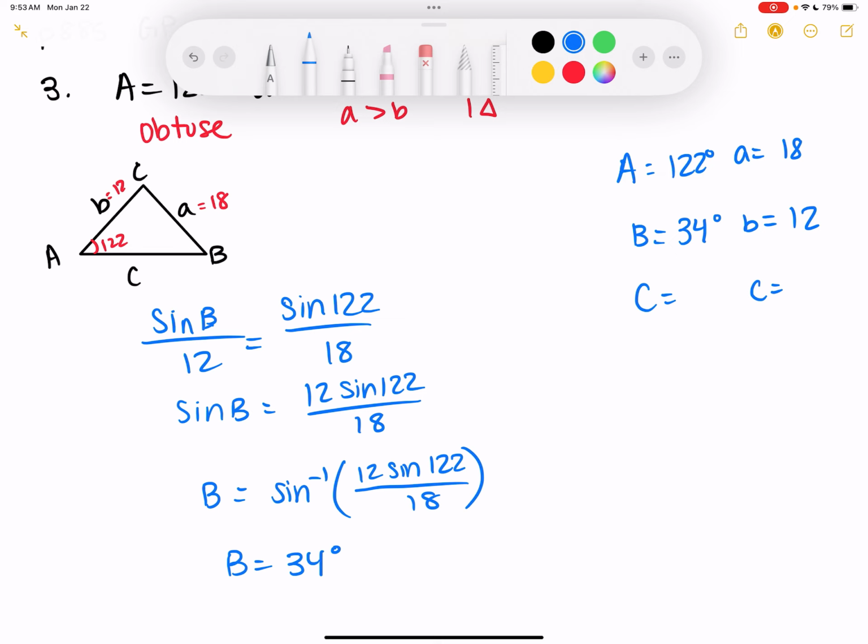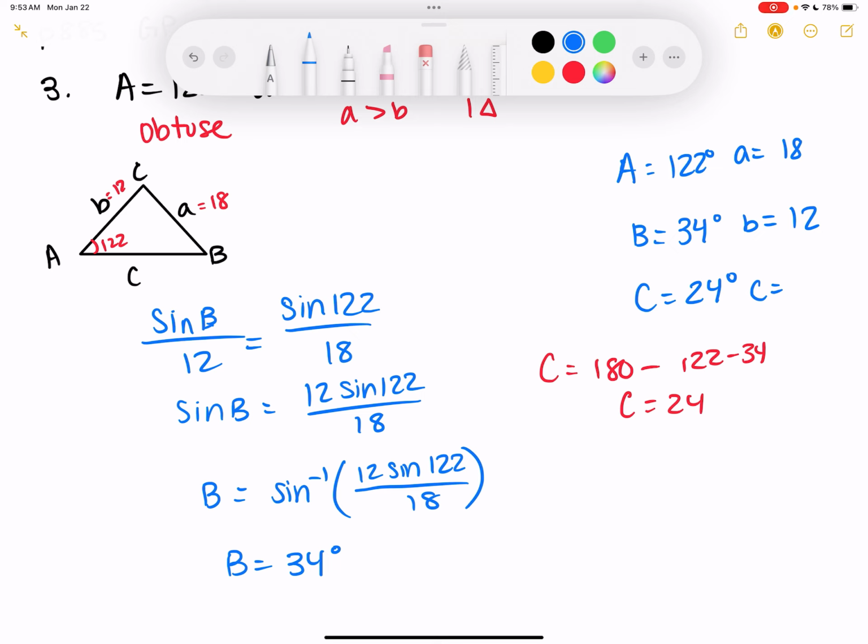I still don't have anything about C. So what could I possibly go about finding now? Yep, so I'm going to find angle C. So I can do 180 minus 122 minus 34. And that's going to be 24. So angle C is 24 degrees.